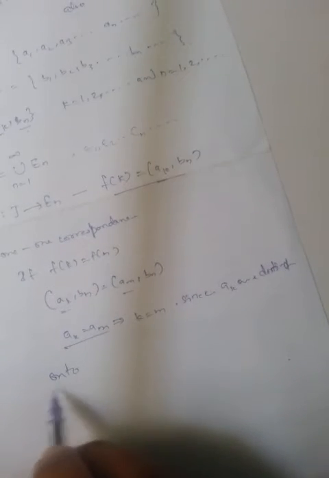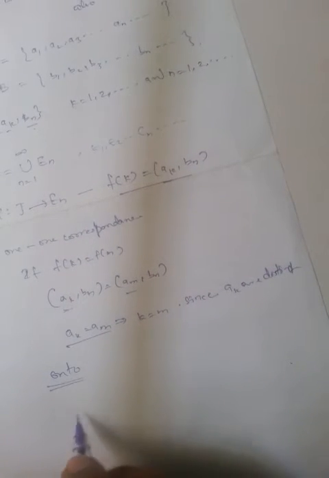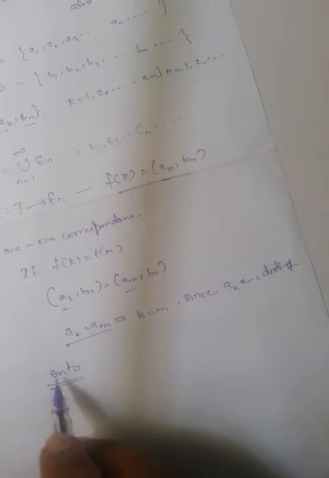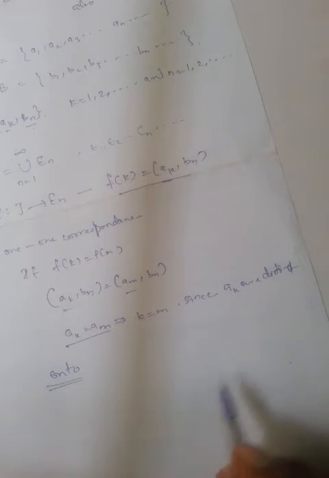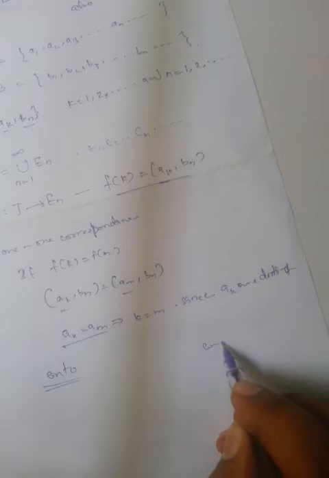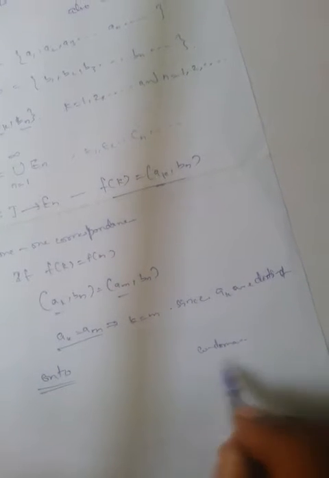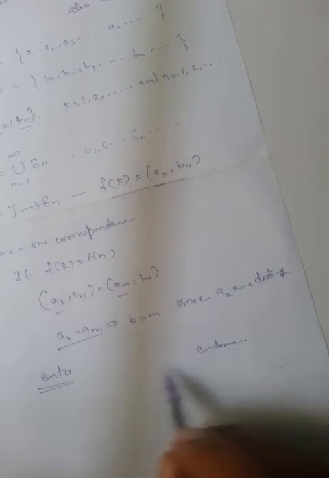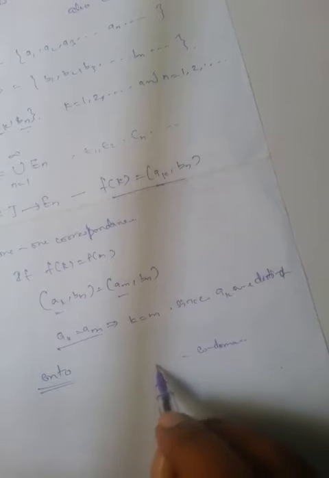Now we have to check the condition for onto. Onto means the domain equals the codomain, or domain equal to range, whatever you want to say.